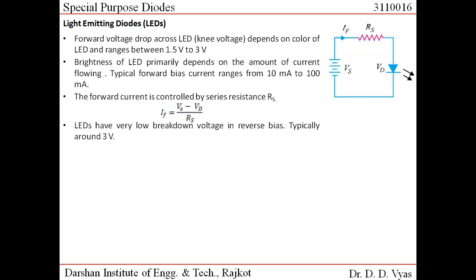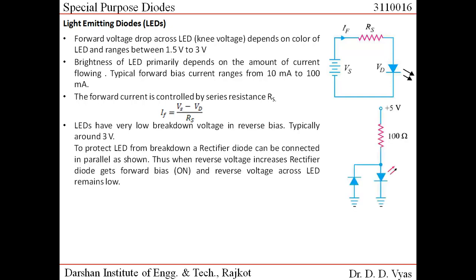To prevent this from accidentally happening, many times a protection circuit is used along with the LED. A protection circuit is a simple arrangement of a normal rectifier diode connected in parallel to the LED with opposite polarity.